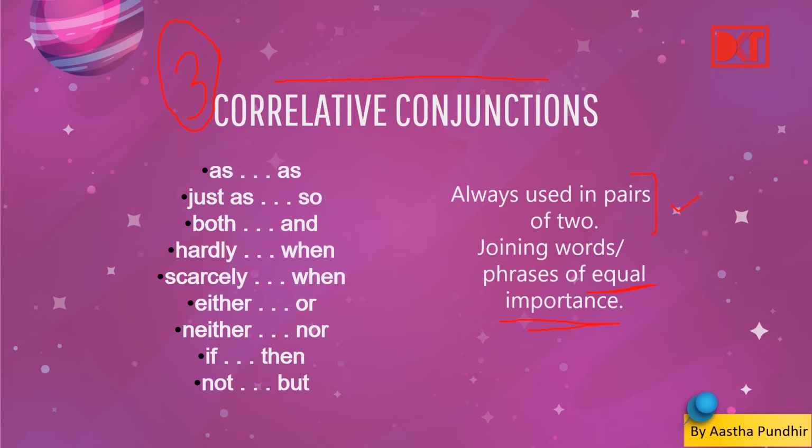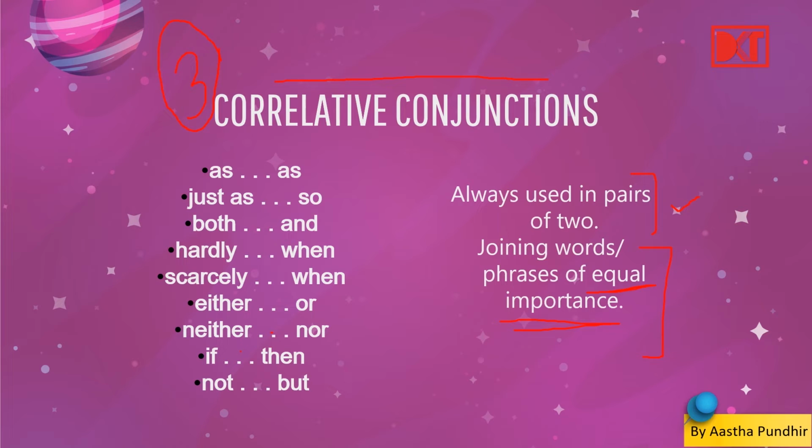Let's see the examples. As and as, just as, so, both and, hardly when, scarcely when, either or, neither nor, if then, not but.